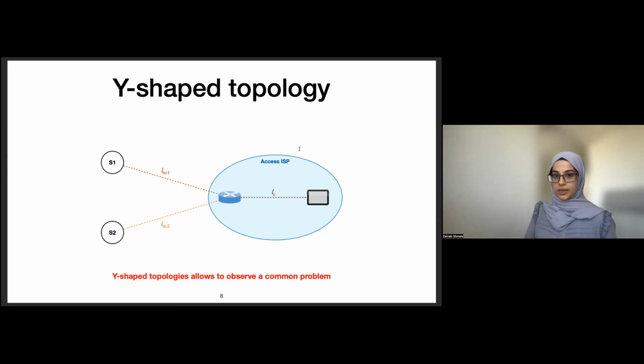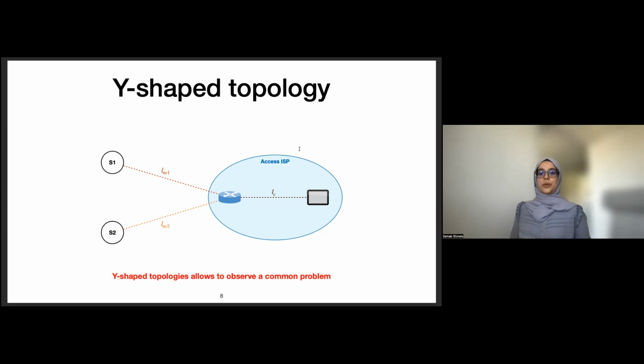An extra thing: the brown part, the common part, needs to be inside the access ISP, and only inside the access ISP, so that if we detect a common problem and we blame it on the common part, the only one to be held accountable for it is the access ISP, because this is part of its infrastructure.